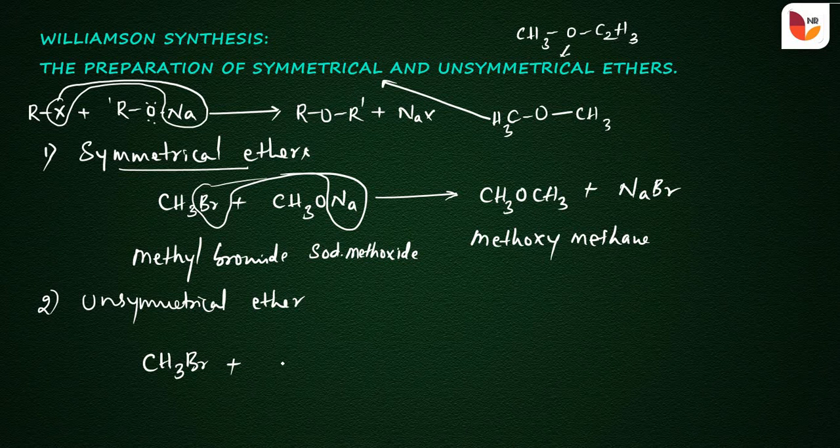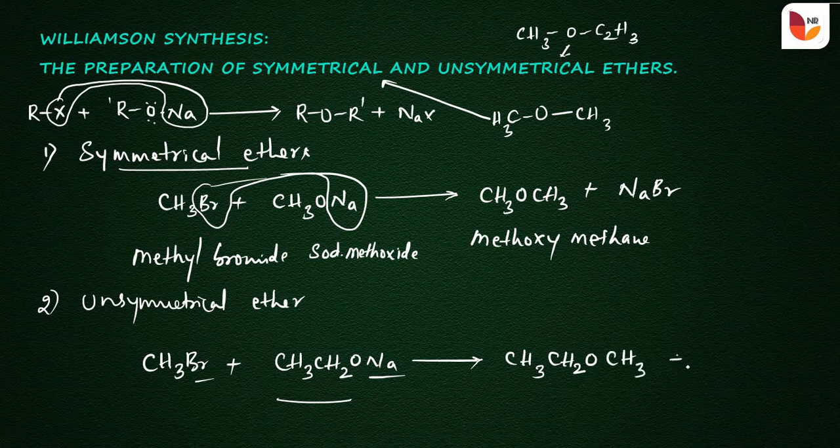That is, ethoxide means eth is nothing but two carbon atoms, CH3CH2ONa. So it is to be called sodium ethoxide. So eliminate sodium and Br and it gives the product CH3CH2OCH3, plus the byproduct sodium bromide.